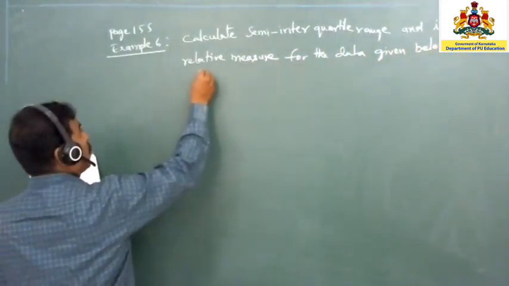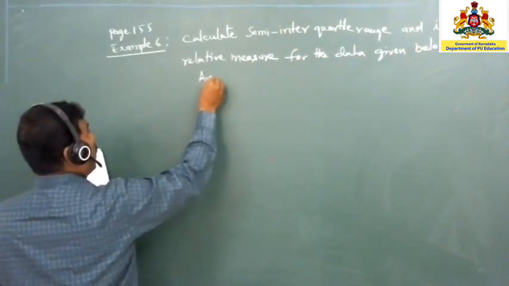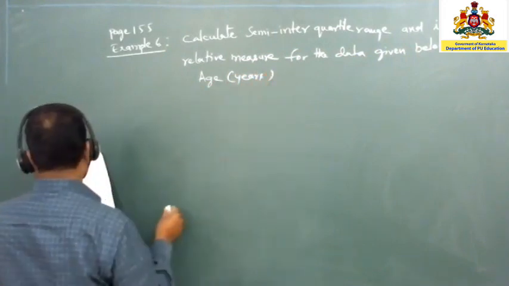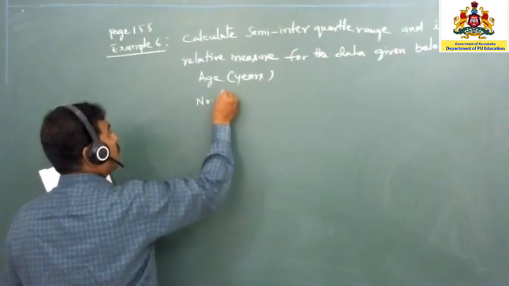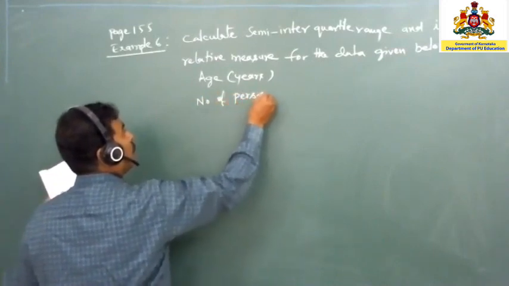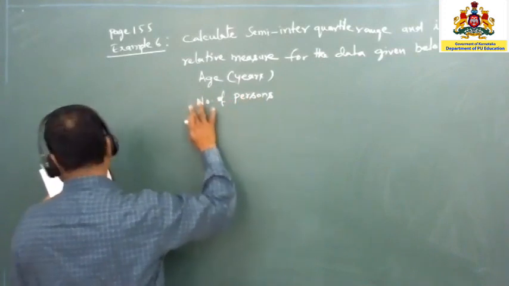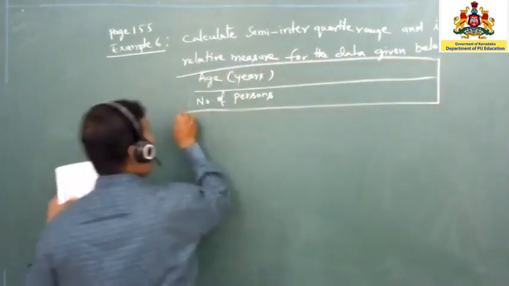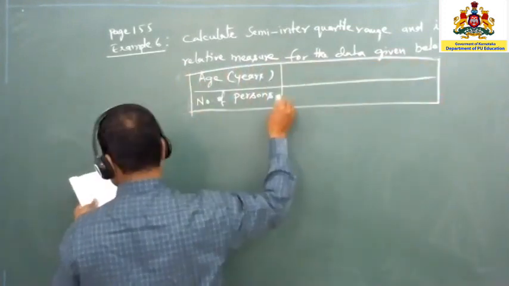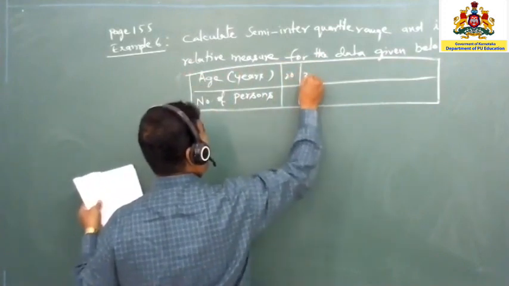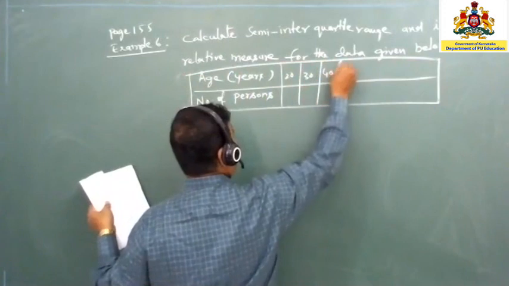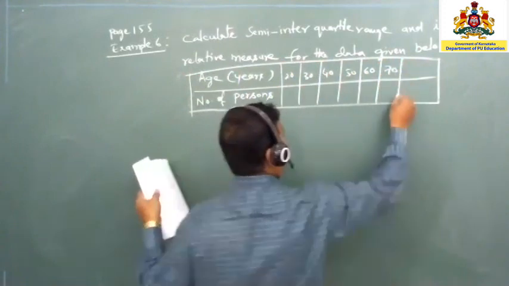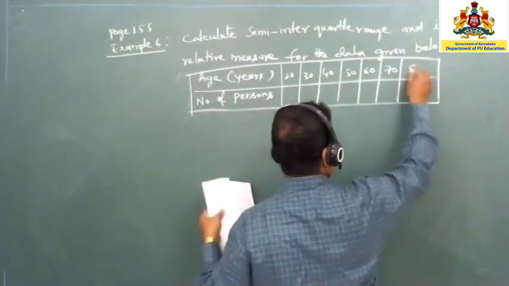Data: age within bracket in years, number of persons. Ages 20, 30, 40, 50, 60, 70, 80.